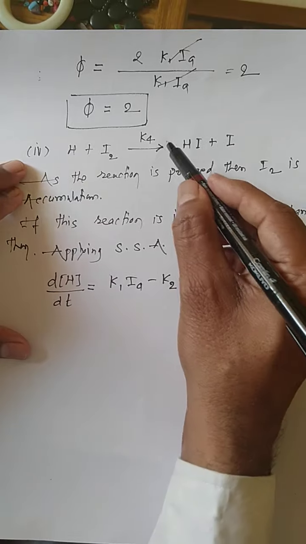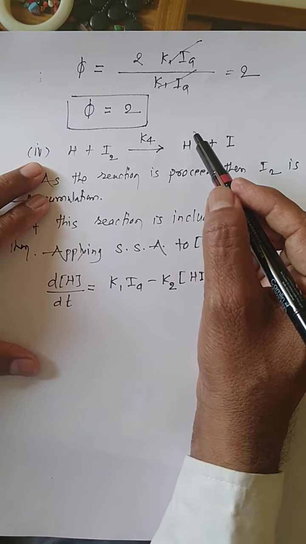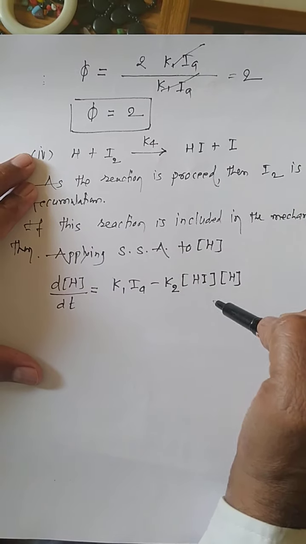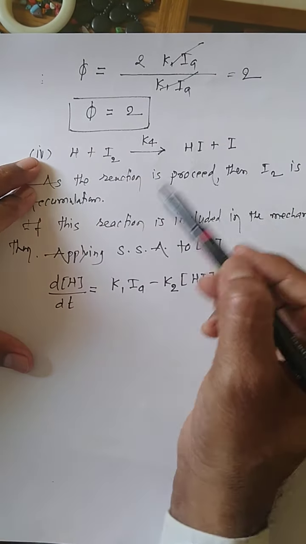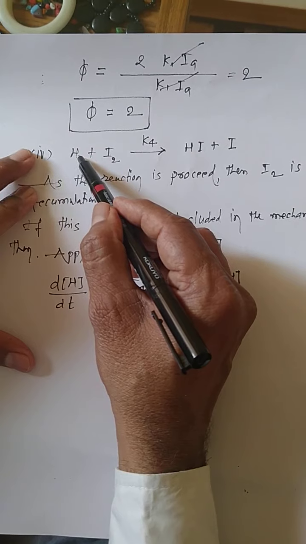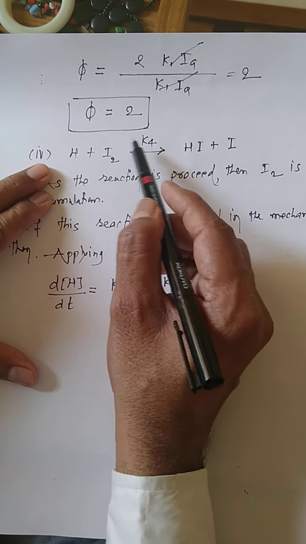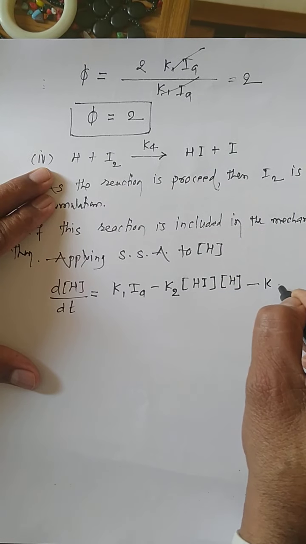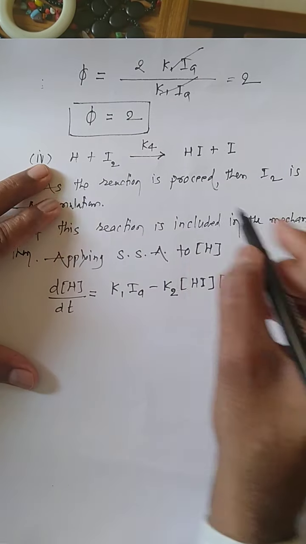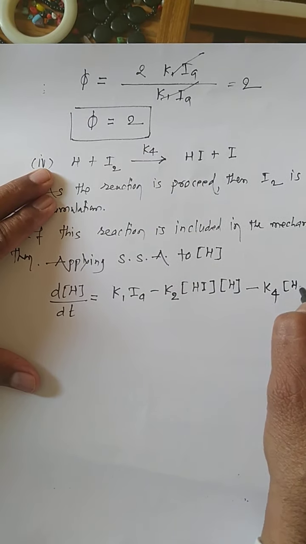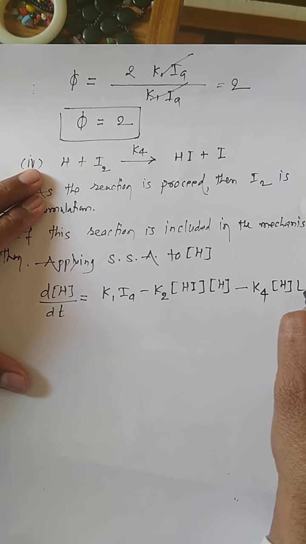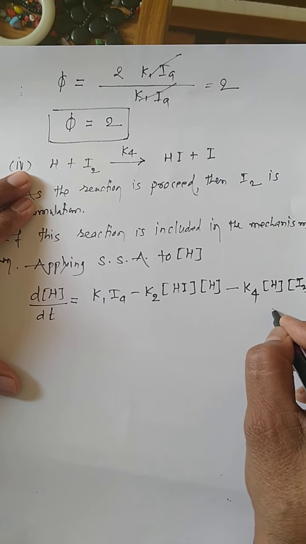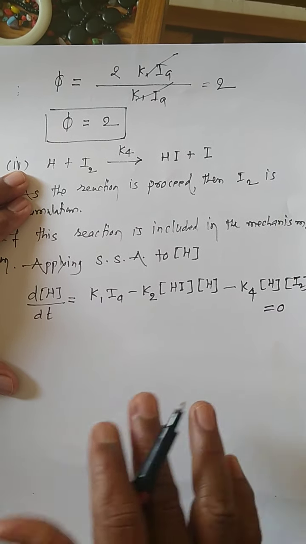Now here, instead of formation of H, the H is consumed. Here you have to write minus K4 into concentration of H into concentration of I2. This is equal to 0.